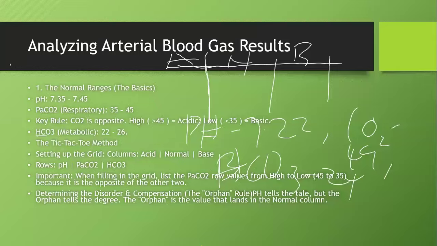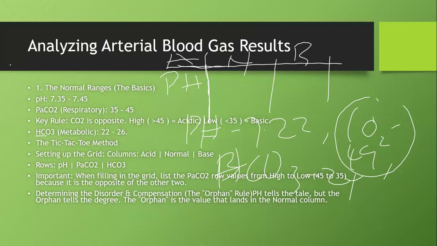Now, the pH. What is the pH? The pH is 7.22. Is it acidic or alkalotic? Is it an acid or base? Acid. So pH comes here. Now let's look at our carbon dioxide. Carbon dioxide is 49. It is more than the normal, true or false?